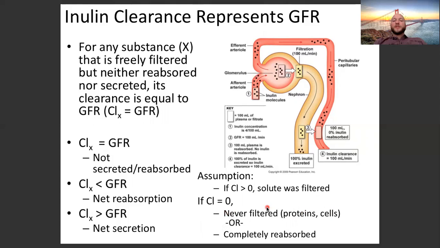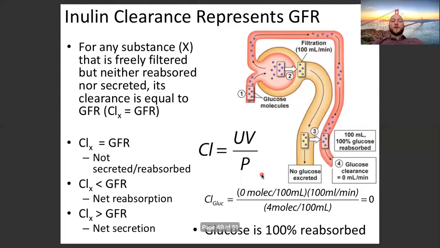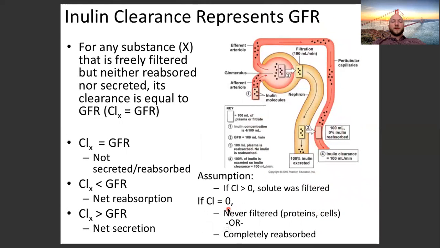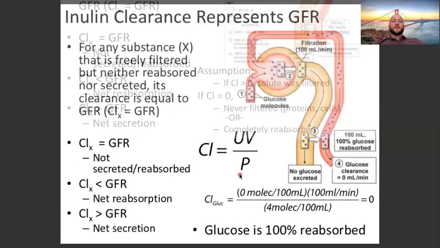Think about proteins and red blood cells. Proteins and red blood cells don't leave the glomerulus. They stay in the bloodstream. If they don't ever get filtered, they don't get urinated out. So clearance would be 0 also. So if 0, it's either never filtered or it's filtered and completely reabsorbed.